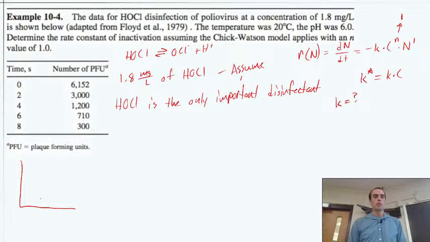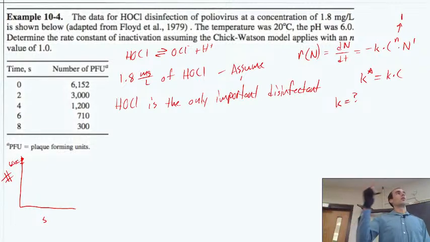And you could plot, for example, this number per time as a starting point, right? So at time 0, we have something like 6,000. So we'd start here. So walk through it for a couple minutes and see if you can find your way to that answer.